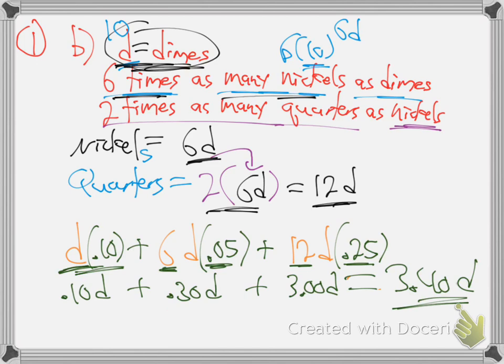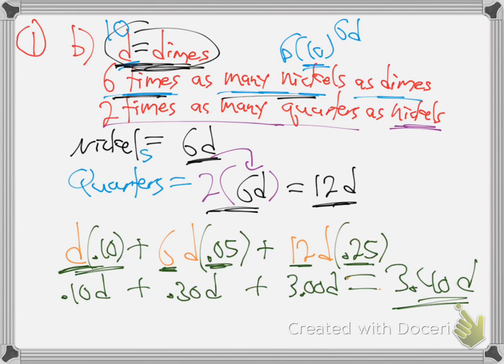So from that information, I was able to do the whole thing step by step, figure out how many nickels, how many quarters, and then multiply those by the money and combine all the like terms. When all is said and done, 3.40D is the total amount of money. So if I just know how many dimes, now I can figure out the total monetary worth of the whole jar.